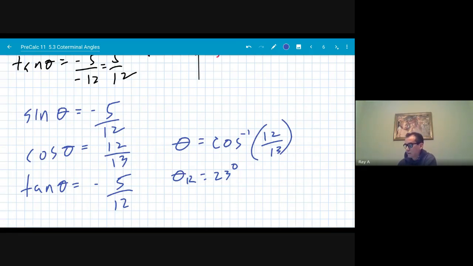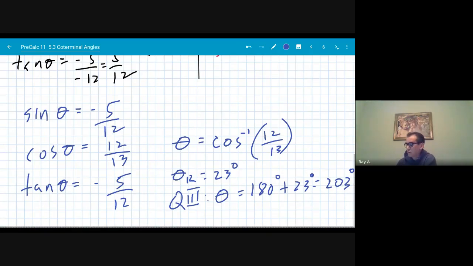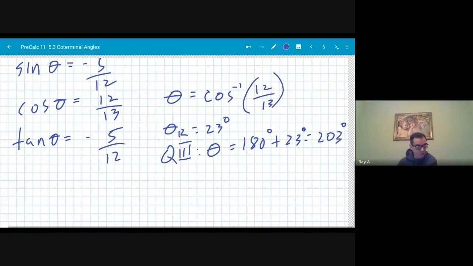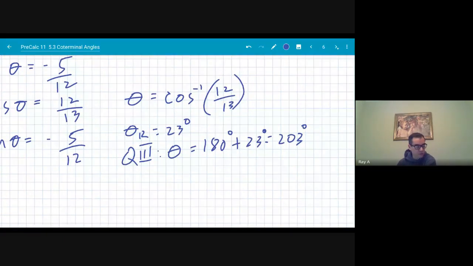Now, since your angle is in quadrants 3 and 4, in quadrant 3 your angle would be 180 degrees plus your reference angle, which is 23, and that gives you 203 degrees. It says that our angle would be between 0 and 720.